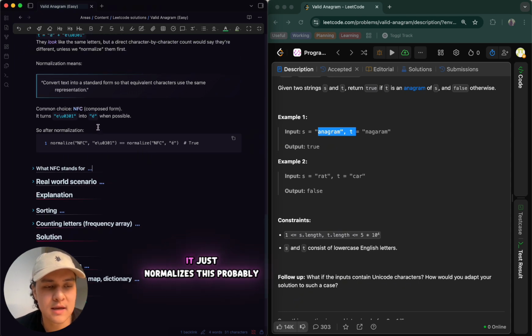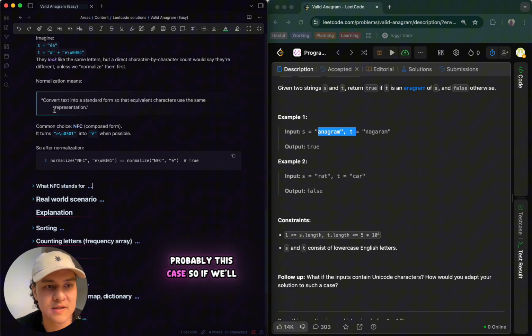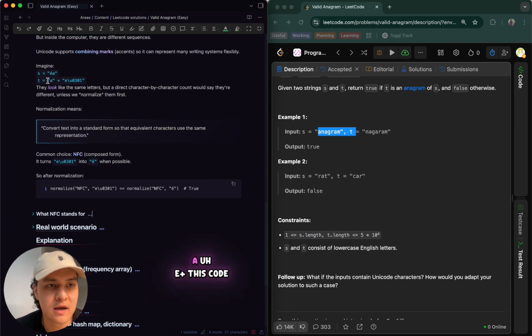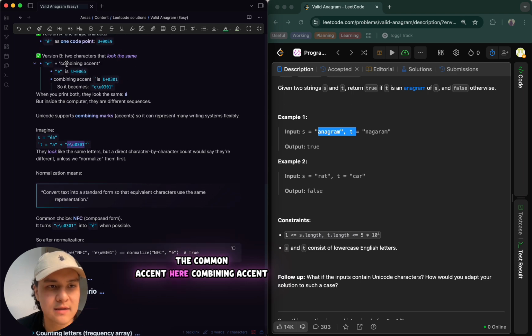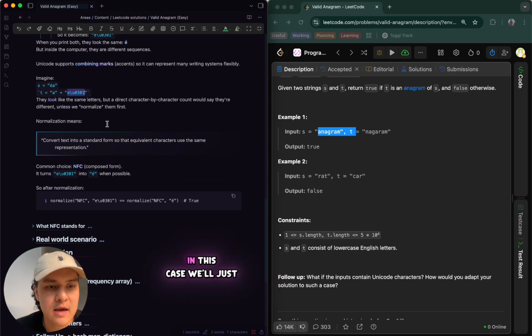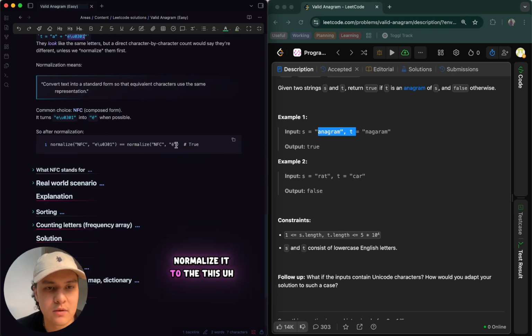What it does is normalize this case: if we have E plus the combining accent, we'll just normalize it to the single-character view, so it would be the same.